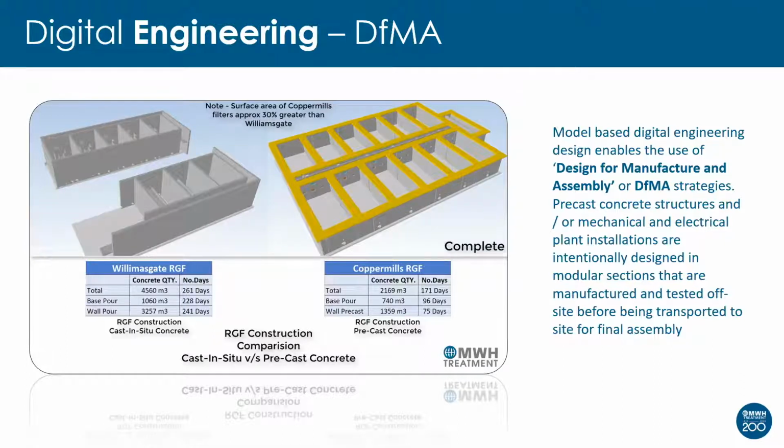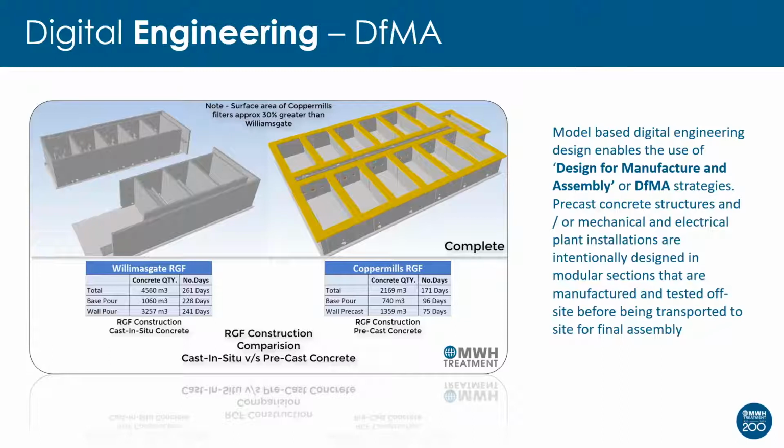So we do this for concrete structures where we use precast, but also for mechanical and electrical installations where we try and bring things in modular to minimise time on site. The example that you can see here is some rapid gravity filters. In fact, two projects. The Williamsgate project was built traditionally with RC reinforced concrete structures on site and shutters.